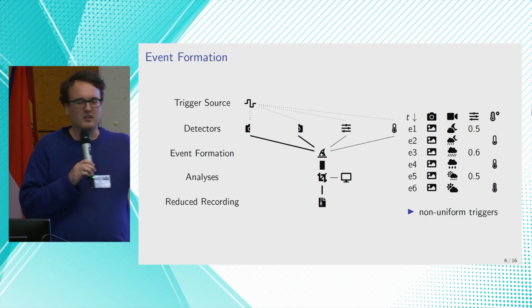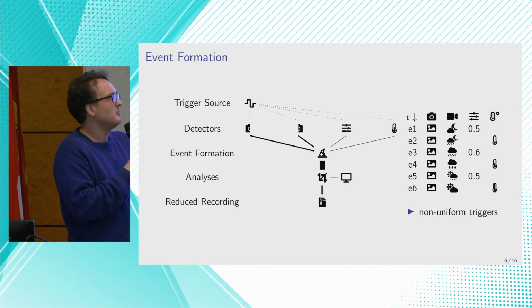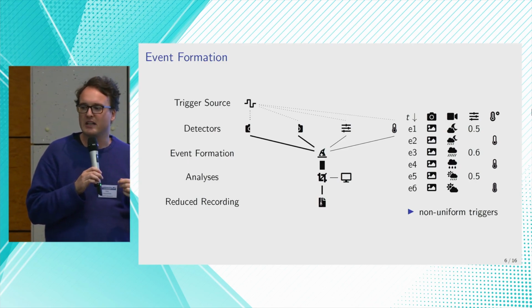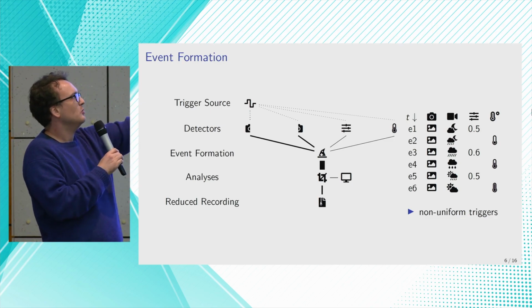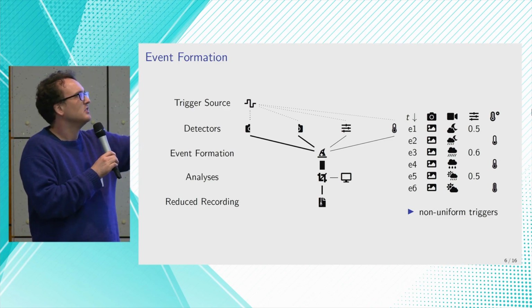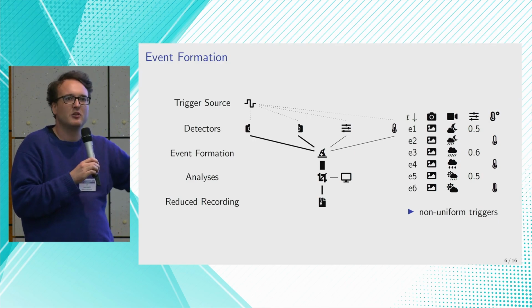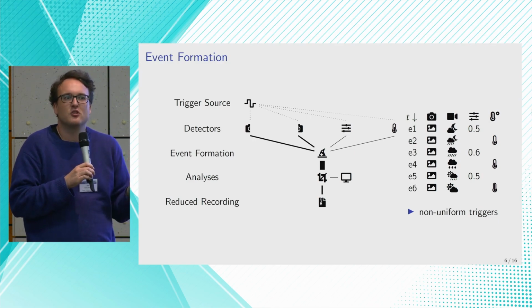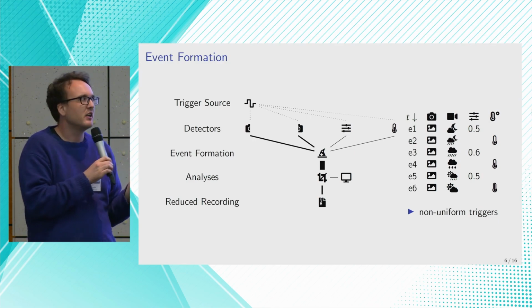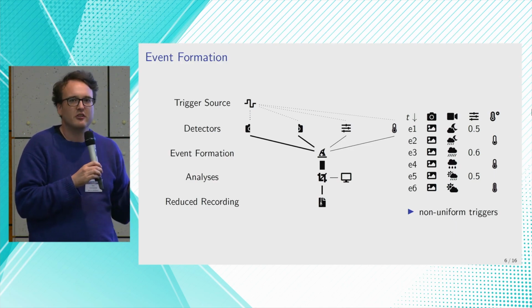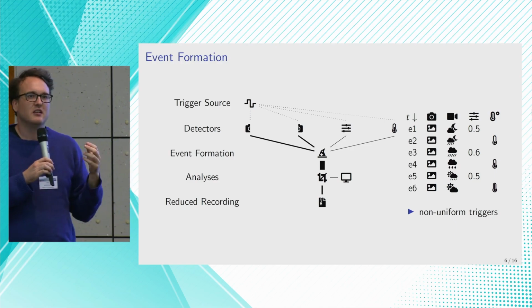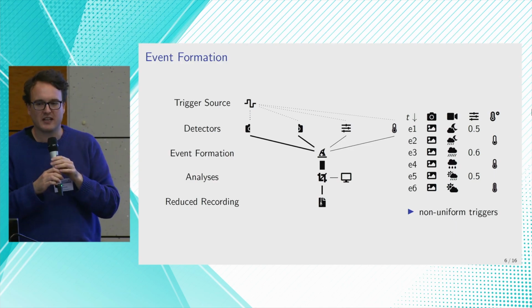On the right here, you see an example of how such a trigger map might look like. The two detectors on the left, the two columns, produce a frame on every trigger, but we might have slower devices which could not keep up with the high trigger rate, and therefore we have non-uniform triggers, and we need to accommodate the event formation for that.